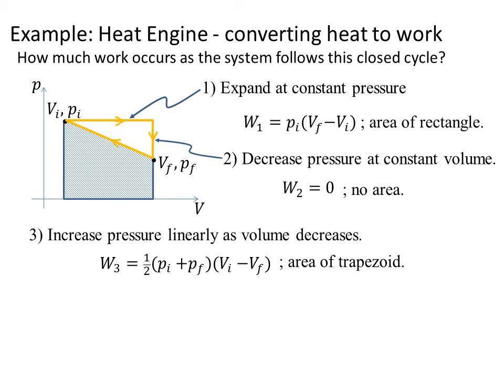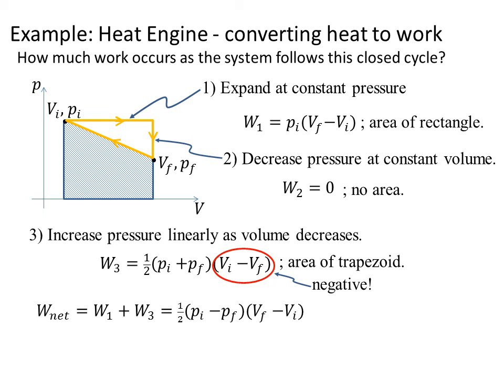So it's 1/2 times the average value of the pressure times Vi minus Vf. Notice that it's Vi minus Vf. And this is negative because we're going from a larger volume to a smaller volume. We're going from Vf and decreasing the volume to Vi. So the work is going to be negative.